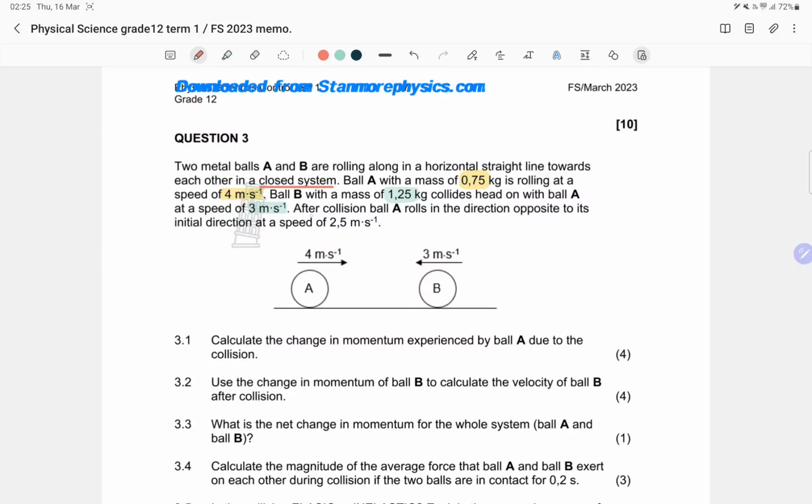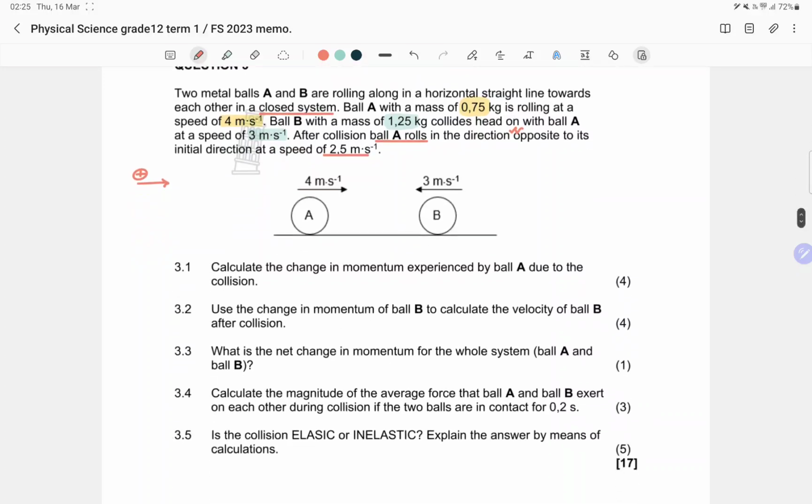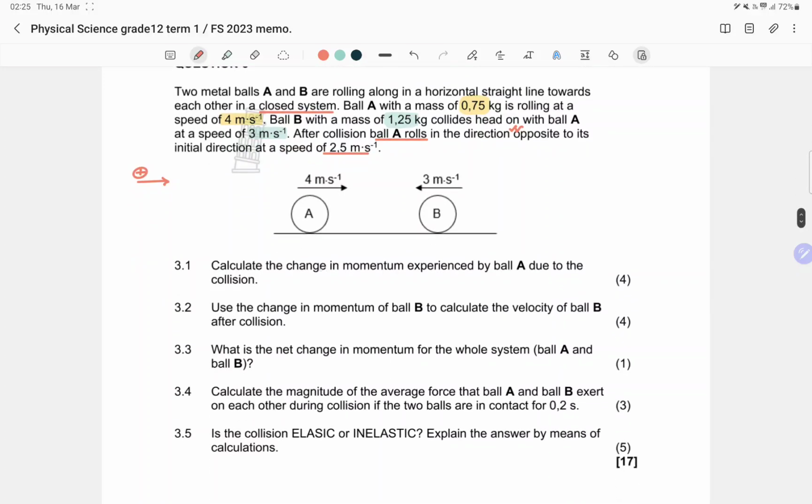Now after collision, ball A rolls in the direction opposite to its initial direction at a speed of 2.5 meters per second. Again, with momentum, you choose direction. So we'll choose eastwards as positive, because we can see this is moving eastwards, this is moving westwards. All right, calculate the change in momentum experienced by ball A.